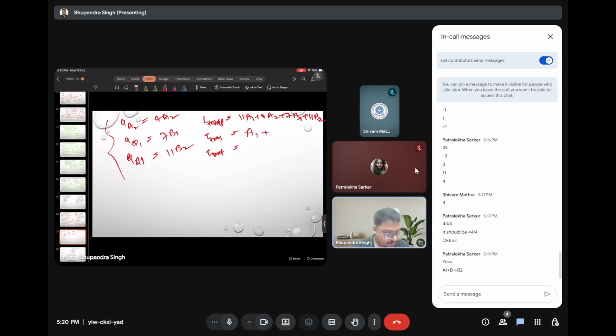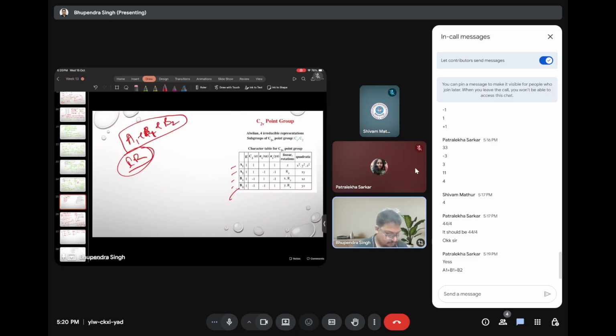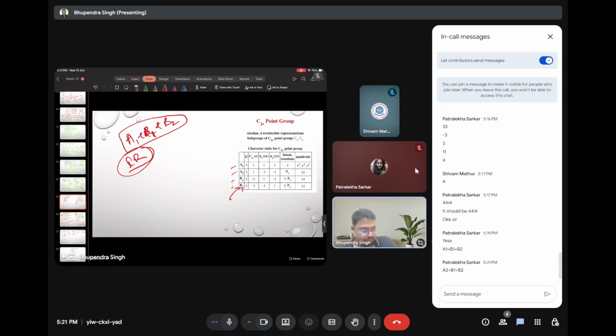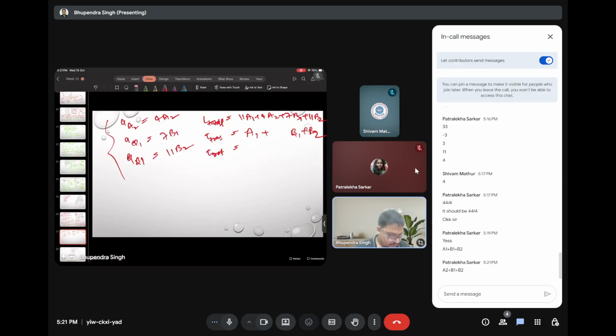A1, B1, B2. Now for rotational, A2, B1, B2.